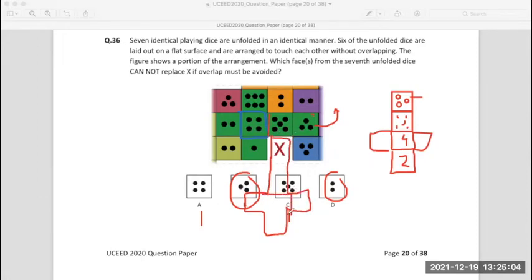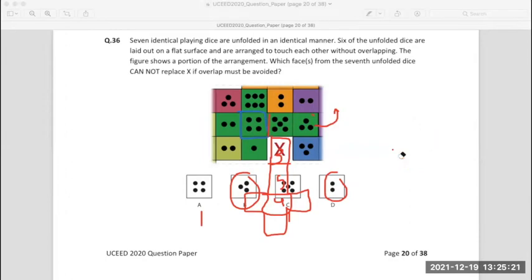Where this is 4, this is 3, and then this is 5, like I've drawn here. In this case, there is no overlap happening here, and it will fit in. This can be right, the 3 one is possible. Do you agree or not? Students? Yes, ma'am.